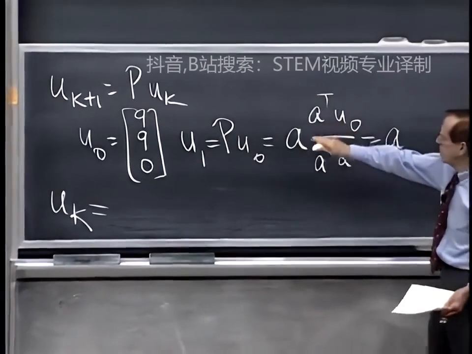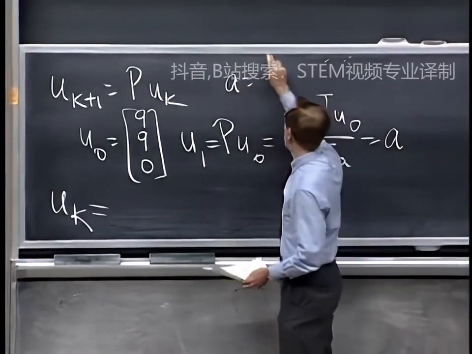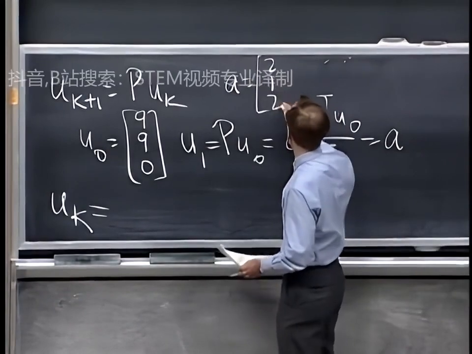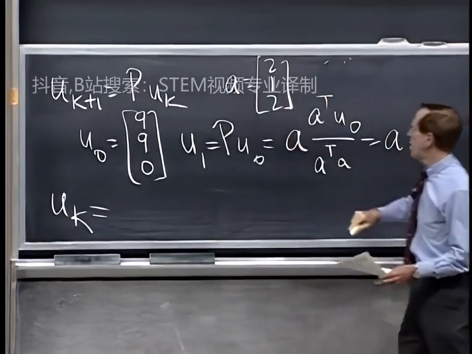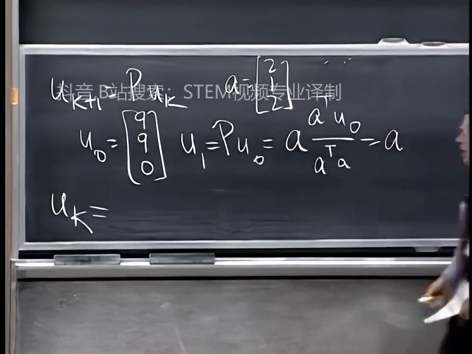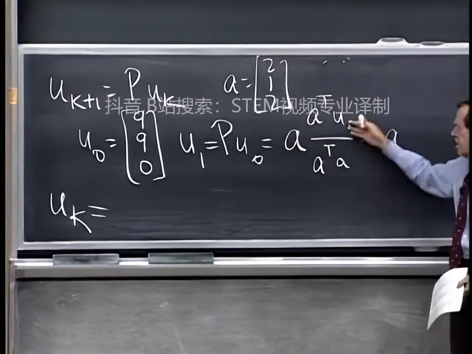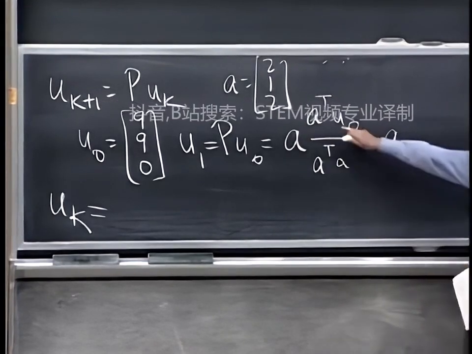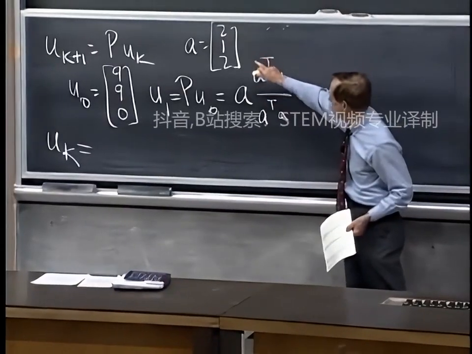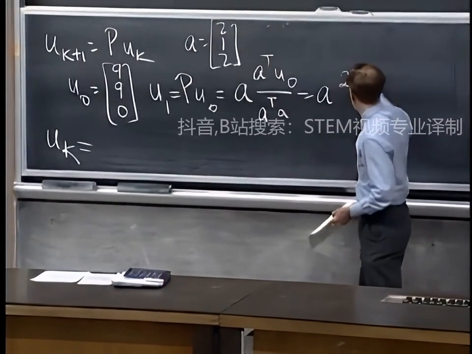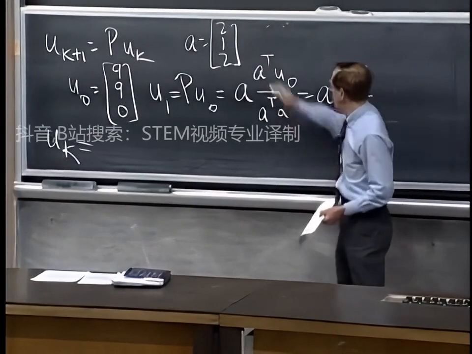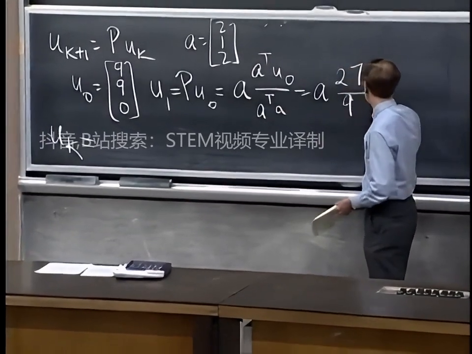A transpose, can I remember what A is on this board? 2, 1, 2. So I'm projecting onto the line through there. This is the projection. It's P times the vector U0. So what do I have for A transpose U0? Looks like 18, looks like 27. And A transpose A we figured was 9, so it's 3A.